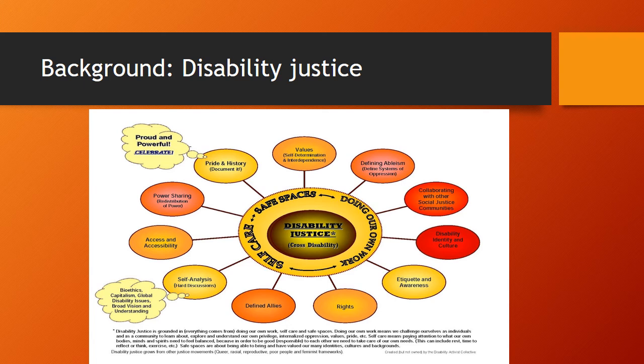Access and accessibility and pride and history and power sharing, all of that is essential and has to work together, but all of it has to come from people with disabilities responding to their own needs and each other's needs at the center, right? Like we have to be right there in the middle before the rest of this can happen.